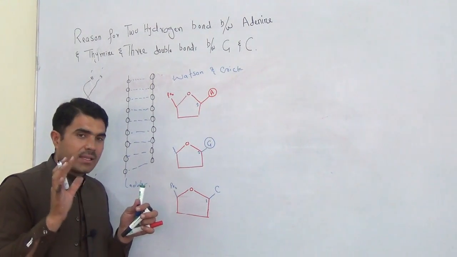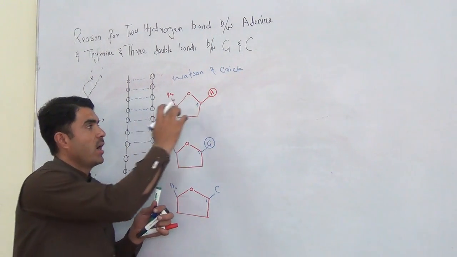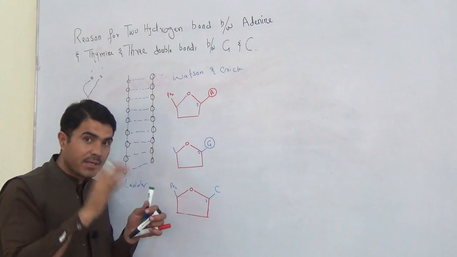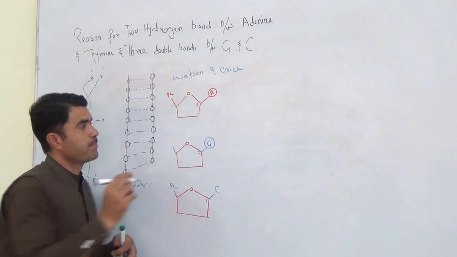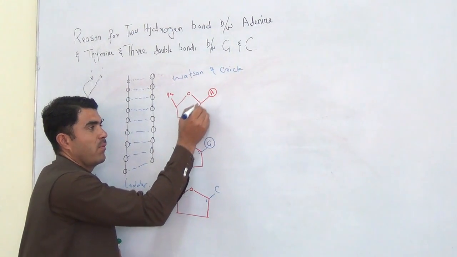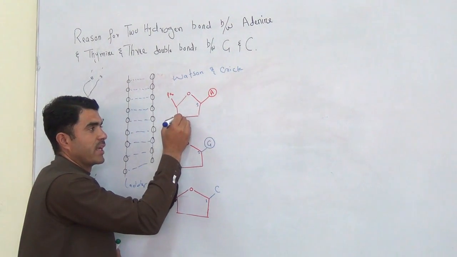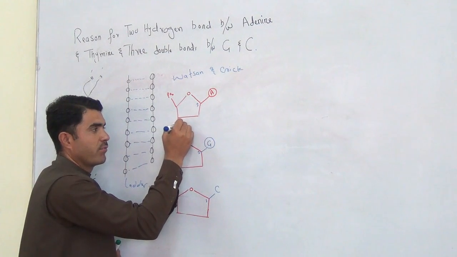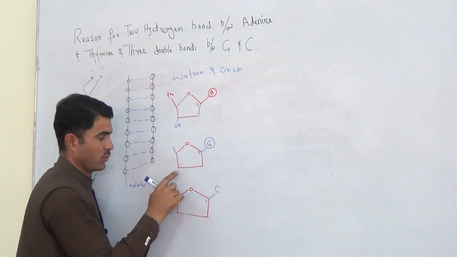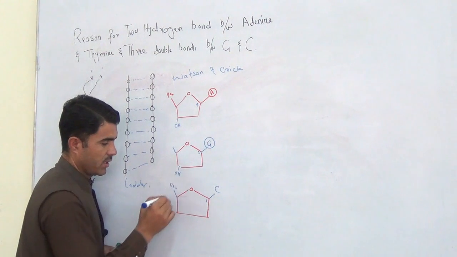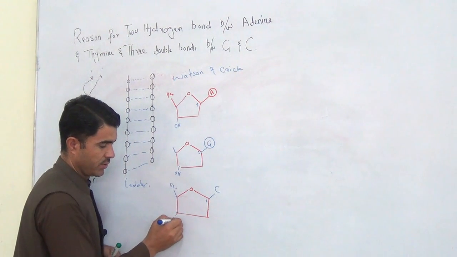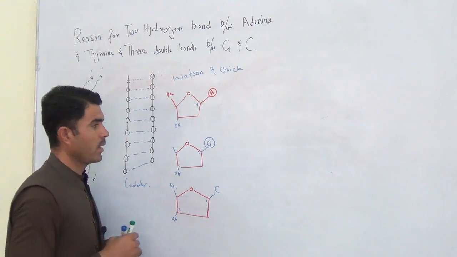Now the main thing is how one nucleotide is linked with another nucleotide. This is carbon number 1, carbon number 2, carbon number 3. At carbon number 3 we have OH, right? Everyone knows very well that at carbon number 3 we have OH, and here again OH, right? Carbon number 3.